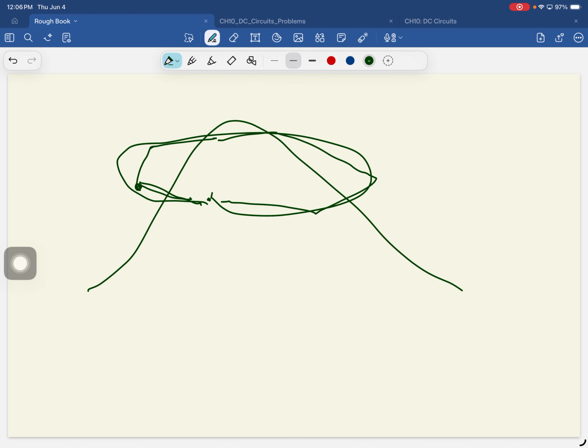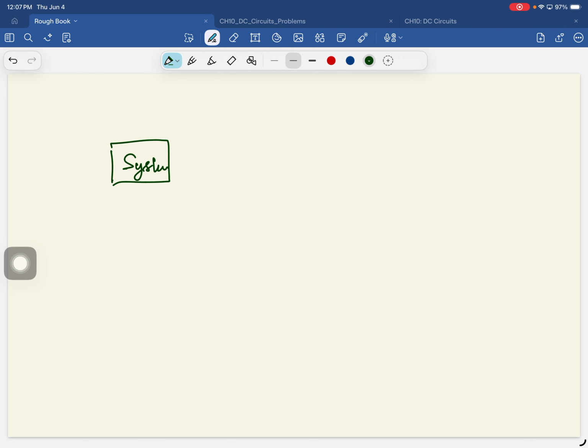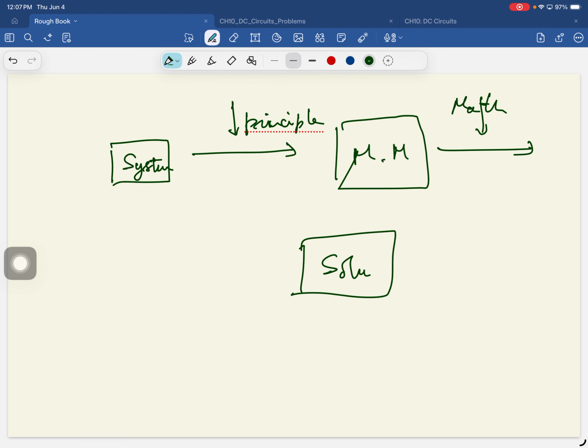Okay, so the flow diagram is as follows. System, some principle, mathematical model, and then the math that you learn will give you a solution. Then you test against the real system.